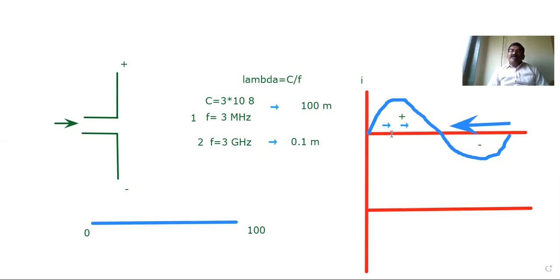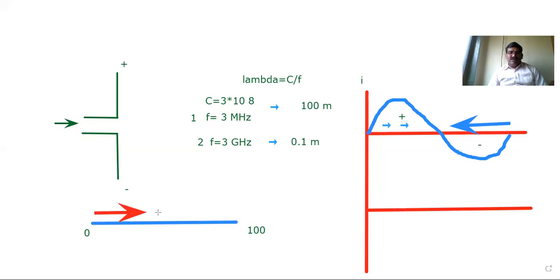So what is happening? Half the distance, from 0 to 50, it goes forward.